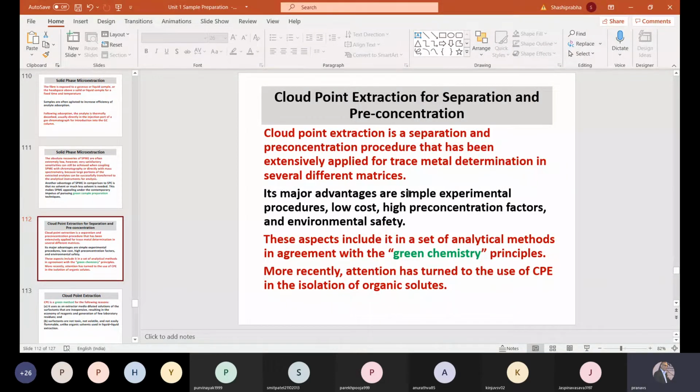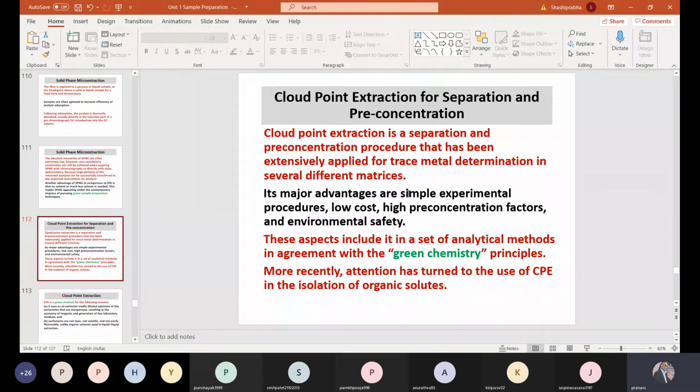So the major crux in developing an analytical method is to somehow remove the use of toxic organic diluents. That is what was done with SPME, and this is what is done with CPE, cloud point extraction. Now, what is it?